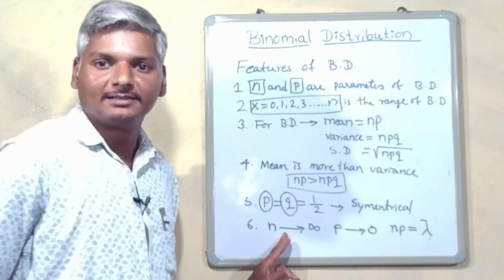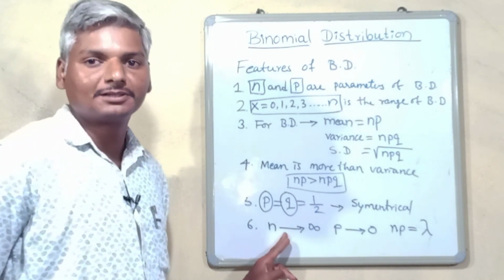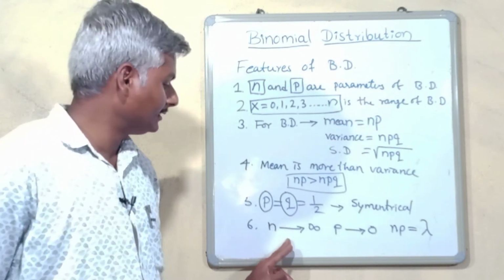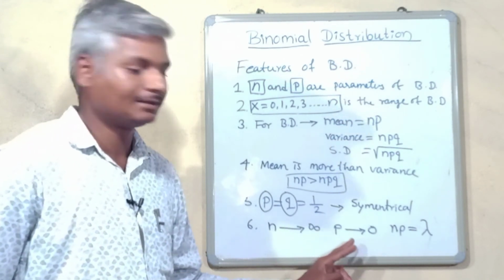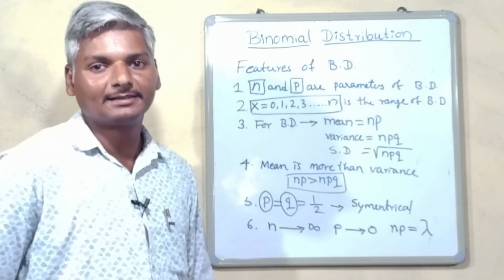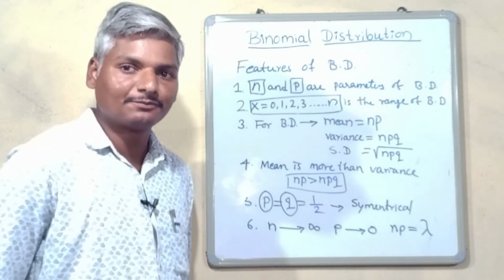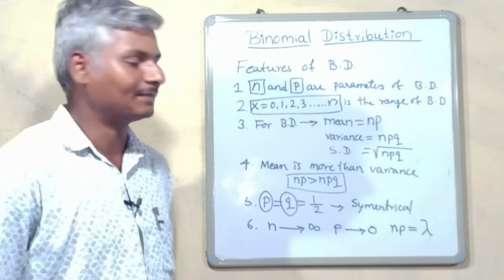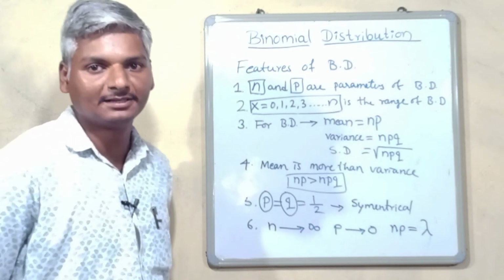Then binomial distribution tends to be a Poisson distribution where n is very large and p is very small. In that, the mean for the Poisson distribution is np equals lambda. So you can write these things.